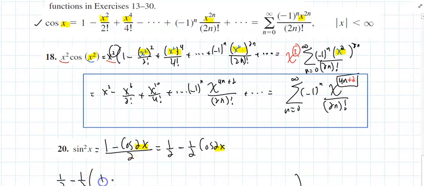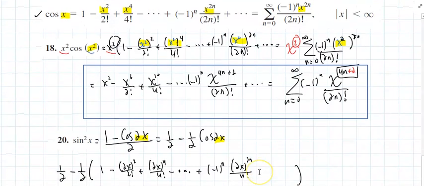That would be 1 minus 2x squared over 2 factorial plus 2x to the fourth over 4 factorial, plus a negative 1 to the n, 2x to the 2n over 2n factorial.